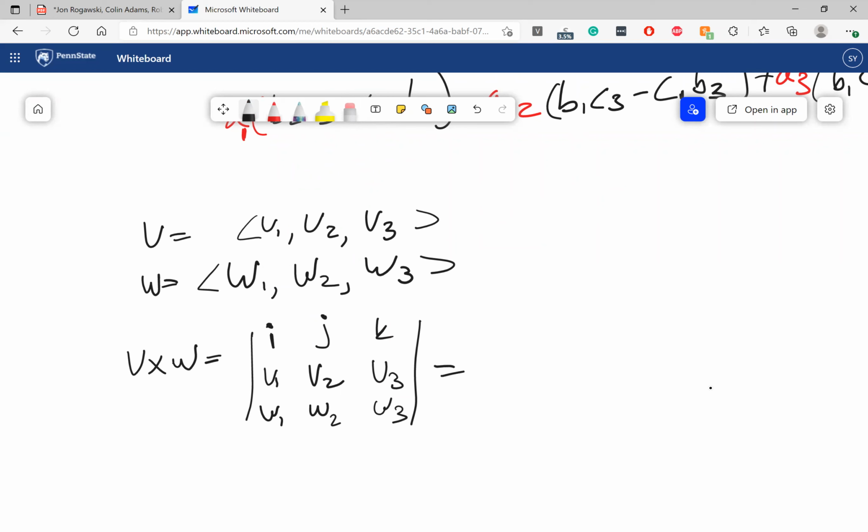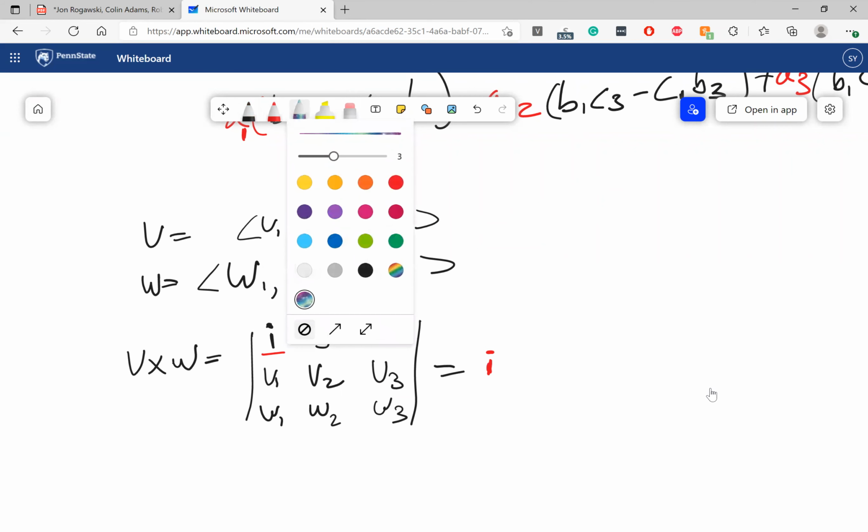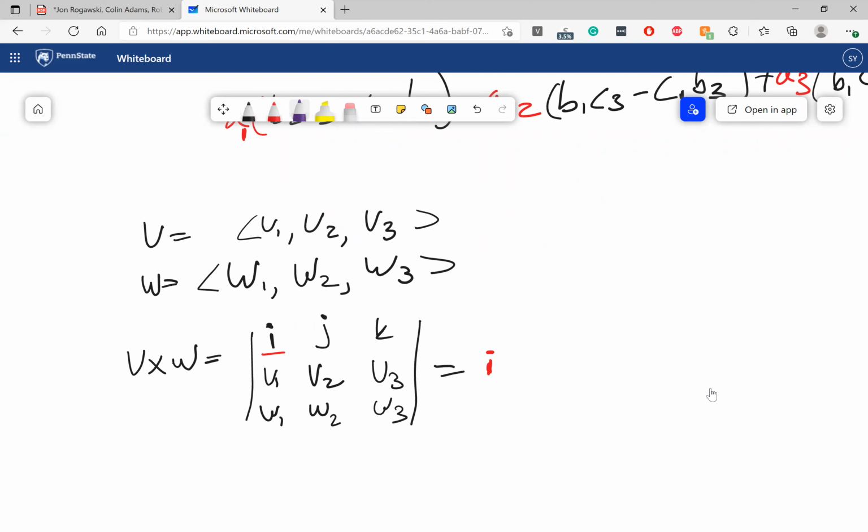And then what you do is you now take the determinant the way we took it before. So you put your I over here, and then you take your matrix. So then you take the determinant of the matrix V2, V3, W2, and W3.